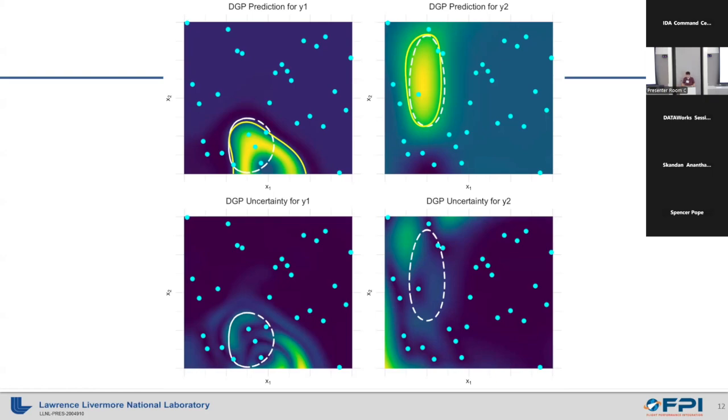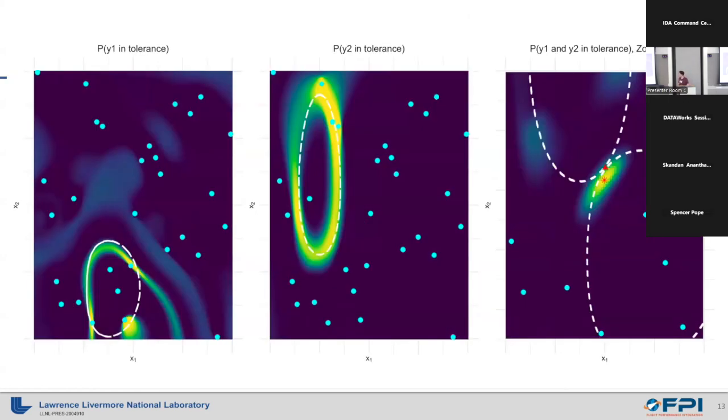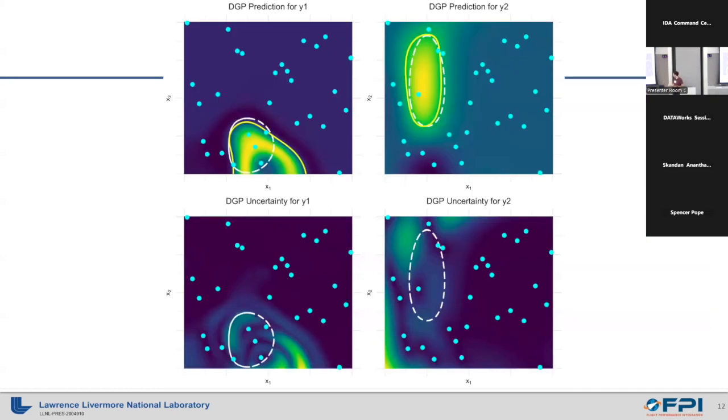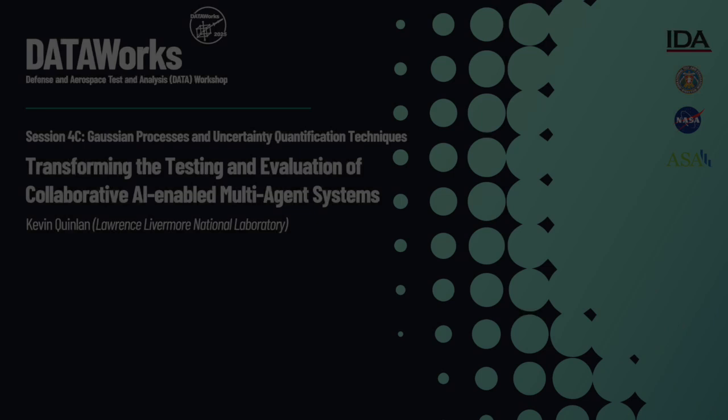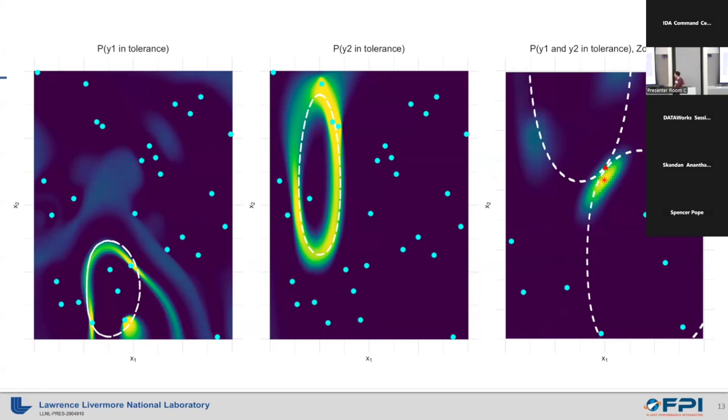Now if we take these and look at the criteria, if we look just at the y within tolerance for the left plot and the middle plot, you can see that it is sampling around essentially that shape we were seeing for the mean. And if we look at that joint region, zoomed in here, it's really focusing close to the contour.